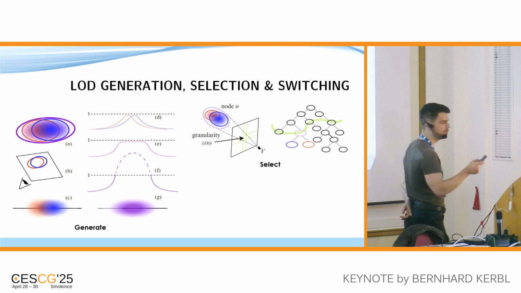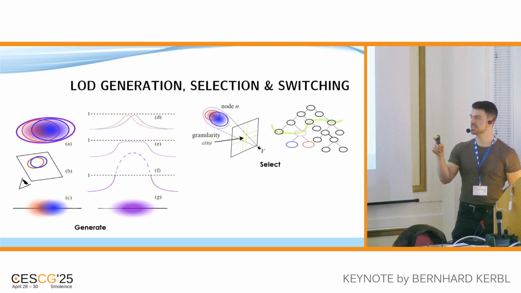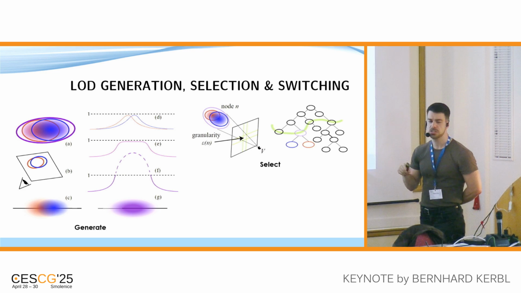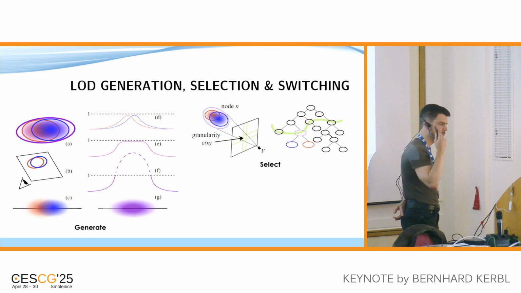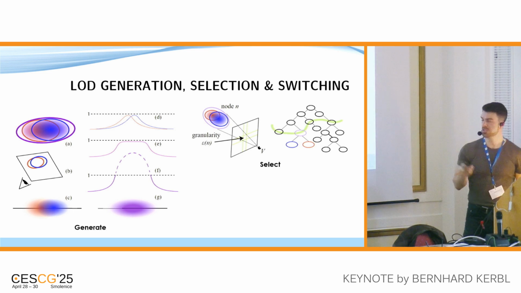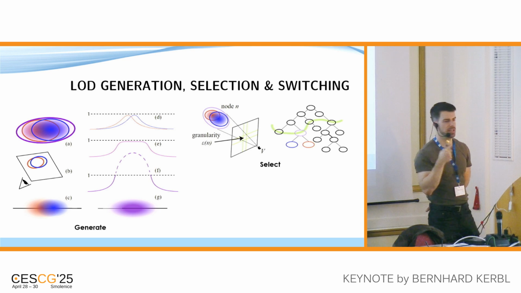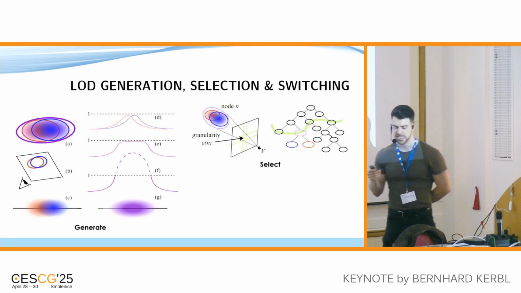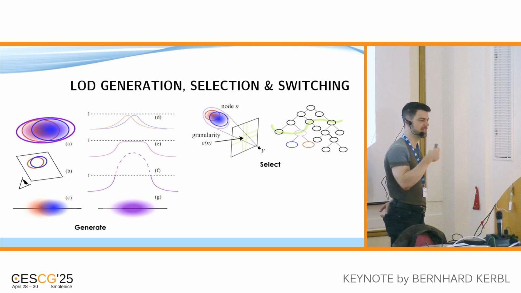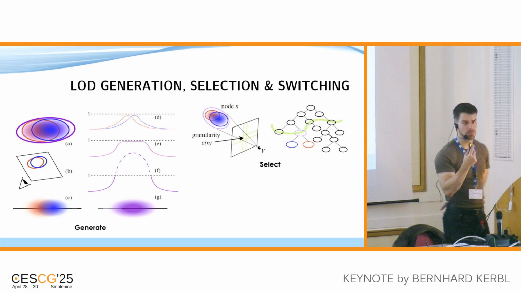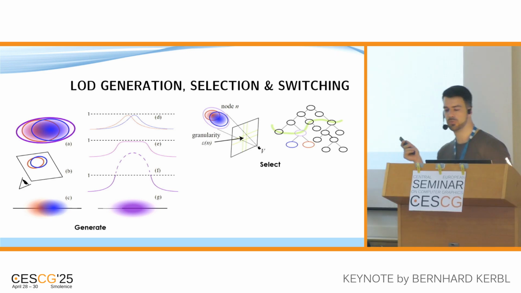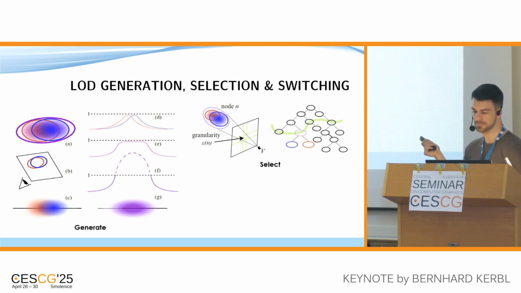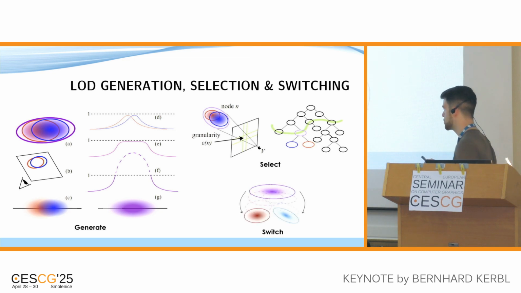So for instance, we pick, going through the tree, the first Gaussian from the top along each branch that is no larger than 4 pixels when being projected to the screen. And of course, in order for that to work, there has to be a hard constraint that a Gaussian that is a child cannot look larger than its parent when being projected, which needs to be enforced in order for this to work consistently.